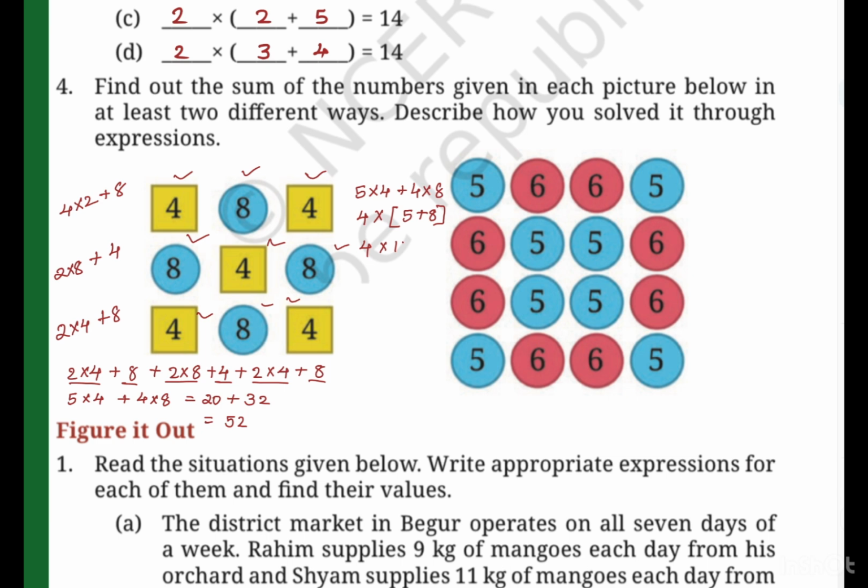Then solving, we get 4 times 13. We can also write 13 as 10 plus 3. So it will become 4 times 10 plus 4 times 3. 4 times 10 is 40 plus 4 times 3 is 12. So we got answer 52.